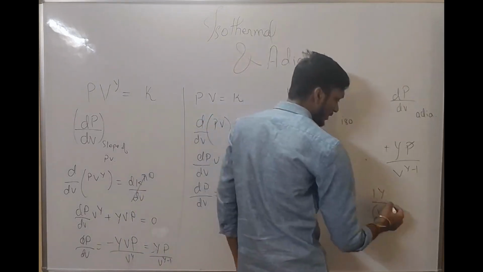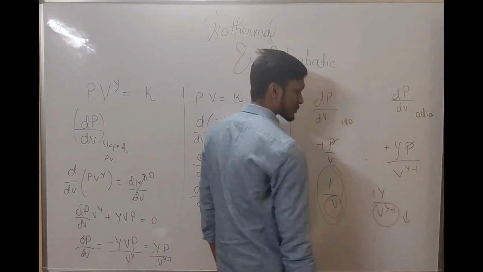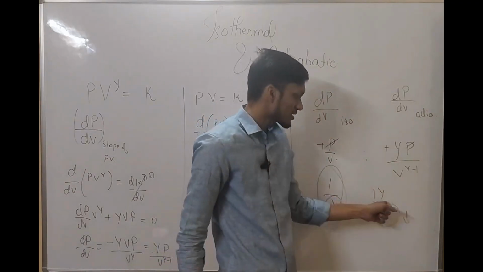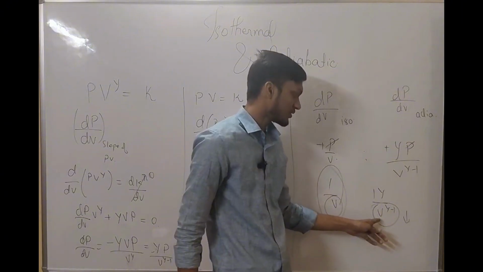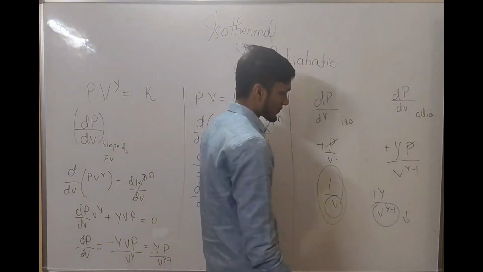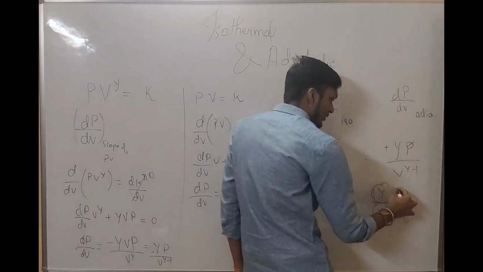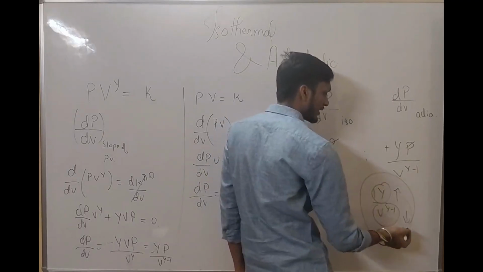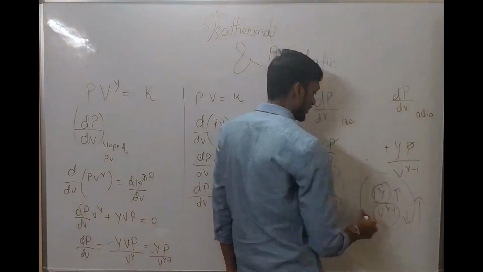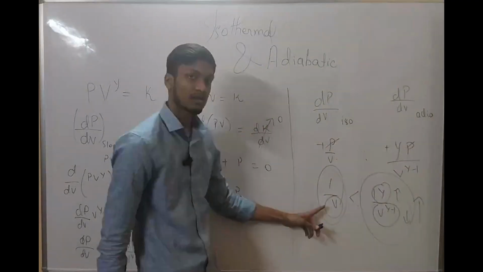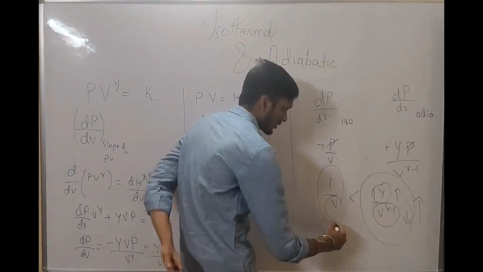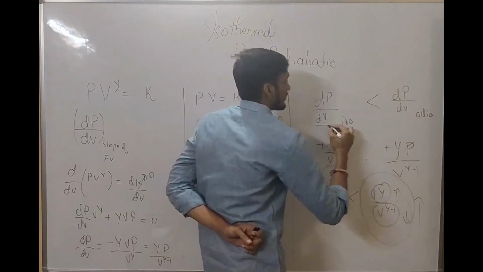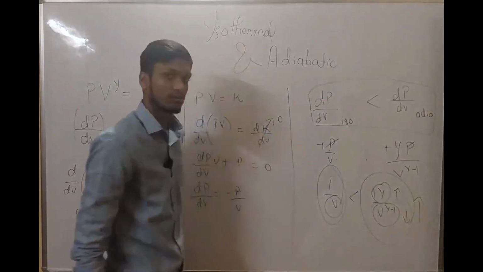Here the denominator is smaller, and the numerator is greater. This implies that the whole term will become greater than this value. So definitely the slope of adiabatic is more than the slope of isothermal.